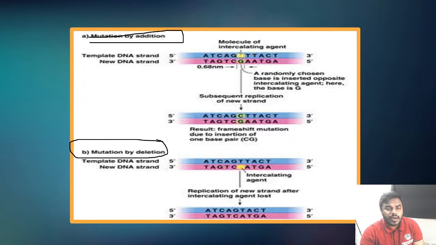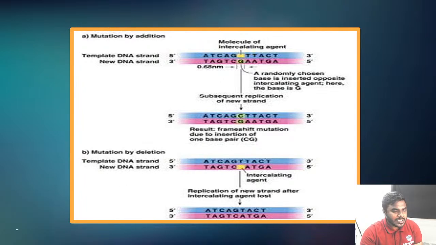This is a molecule of intercalating agent. Do you think it has particularly chosen a base and inserted there? Absolutely wrong statement. This particular intercalating agent has randomly chosen one base and introduced itself there, right?